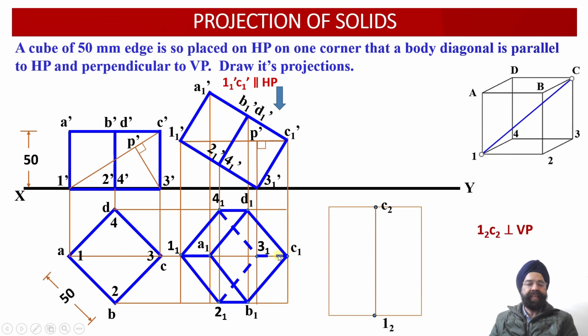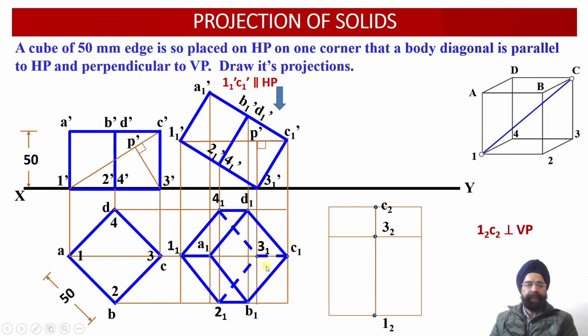Once we measure this distance, we draw another construction line parallel to this edge, and we will be able to locate point 3,1 over here. So here from this point, we measure distance C2 3,2. This distance will be C2 3,2, which is equal to C1 3,1. And once we draw this construction line, we are able to obtain the point 3,2 in this rotated or translated view.